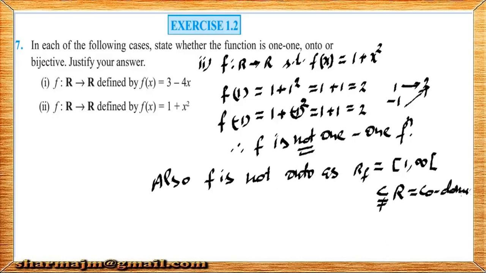So range is a proper subset of codomain, therefore this function is not onto. If you take elements less than 1 on the right hand side in codomain, their pre-images do not exist. So since this function is not 1-1 and not onto, therefore f is not bijective.